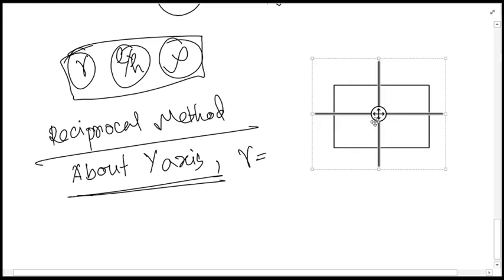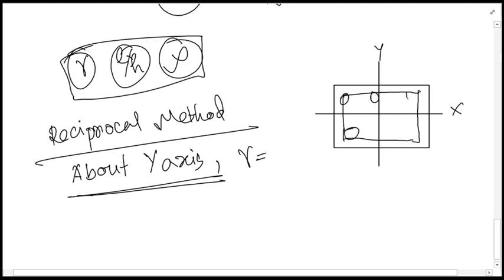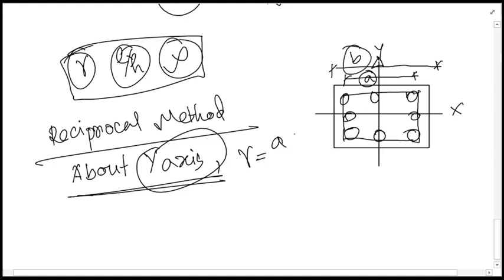If this is the column, this is the y-axis and this is the x-axis, then about the y-axis you will be taking gamma as A by B. In our case, this is 10 inch after deducting 2.5 inch on each side, and this is 15 inch.